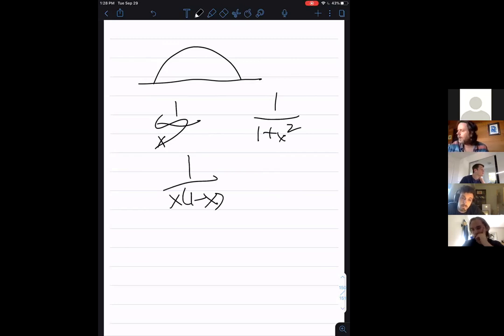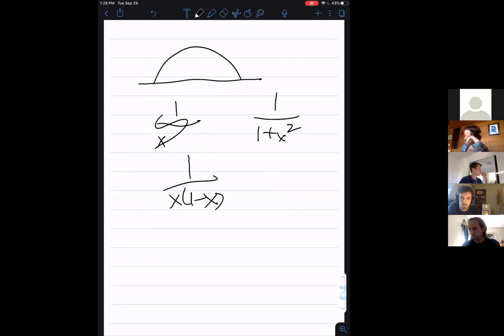No. Let me see if one of the texts I've got to hand defines it. Is it the same as the Cauchy?